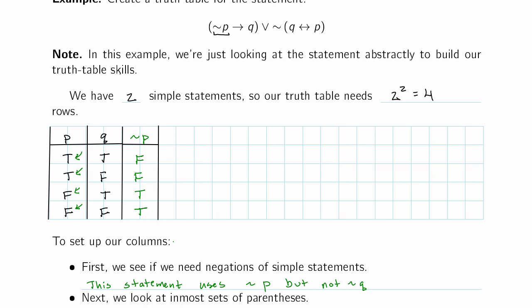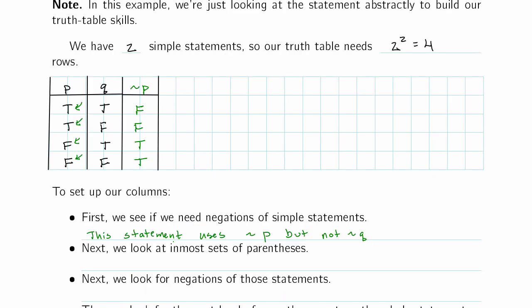Okay, so that's the first step, negations of simple statements. Next, we look for the inmost sets of parentheses. So what do I mean by the inmost sets? Well, if we have 2 sets of parentheses, one inside the other, the ones that are inside are the inmost sets.